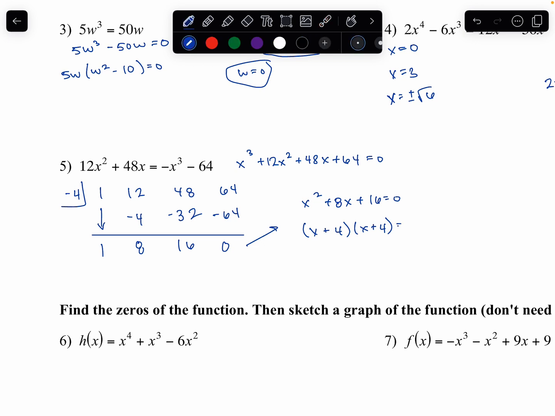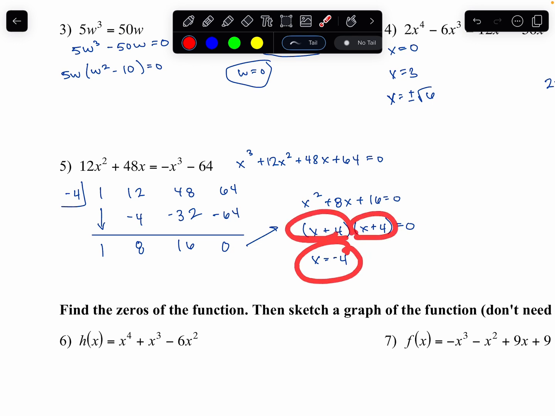There we go. Okay, and so there you go. X equals -4 is the only solution here. It'd be -4 for both those factors, and we used it here. So x equals -4 is the only solution.